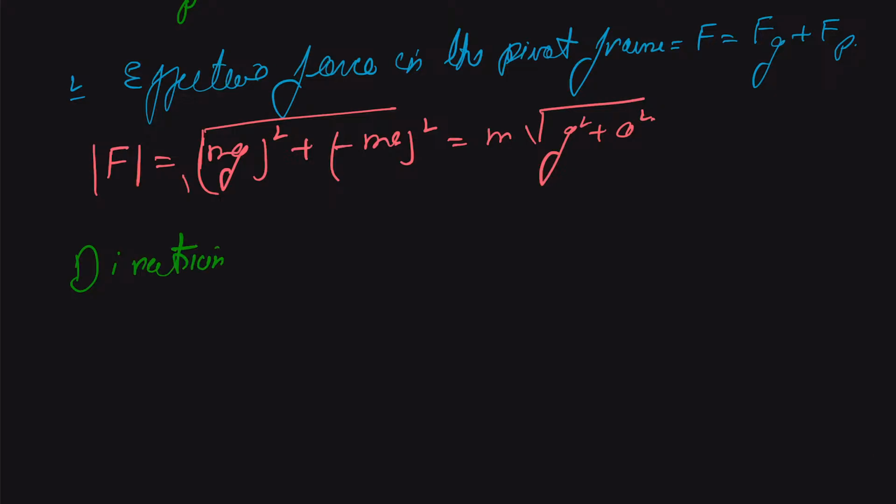For direction, you can write that it is tilted backward, opposite to the acceleration, by a small angle phi.